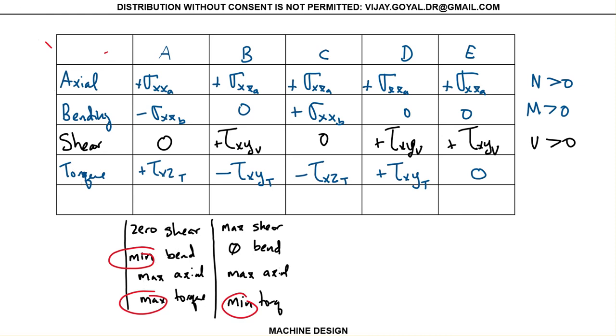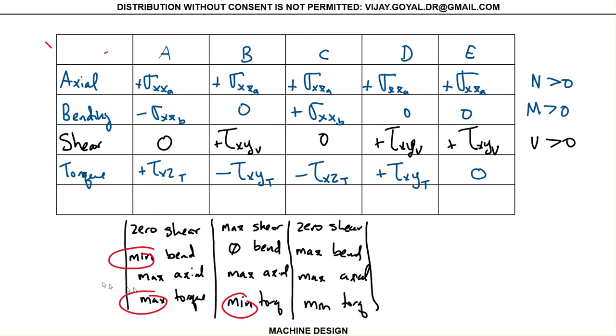So we many times treat them as critical values. And then point C is very similar to this. I have zero shear, max bending, max axial load, and minimum torque, but it's actually maximum torque, right? The values are the same. What's going to change is just the sign. That's why I put a minus sign there.